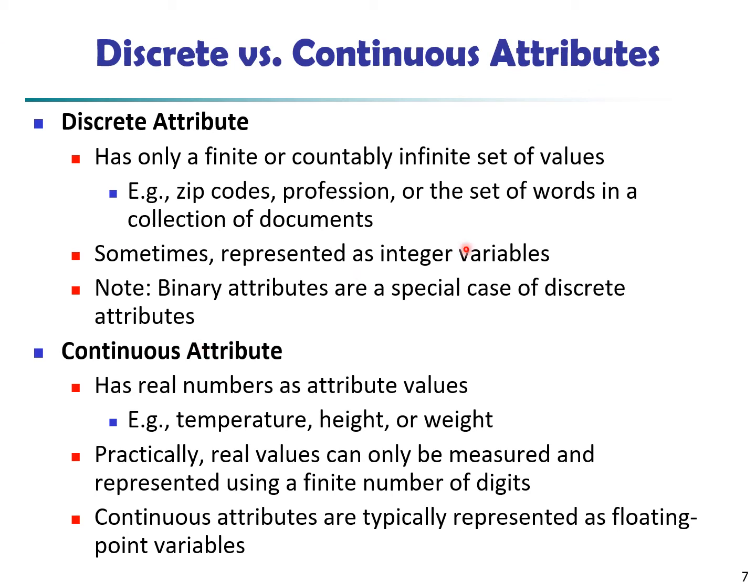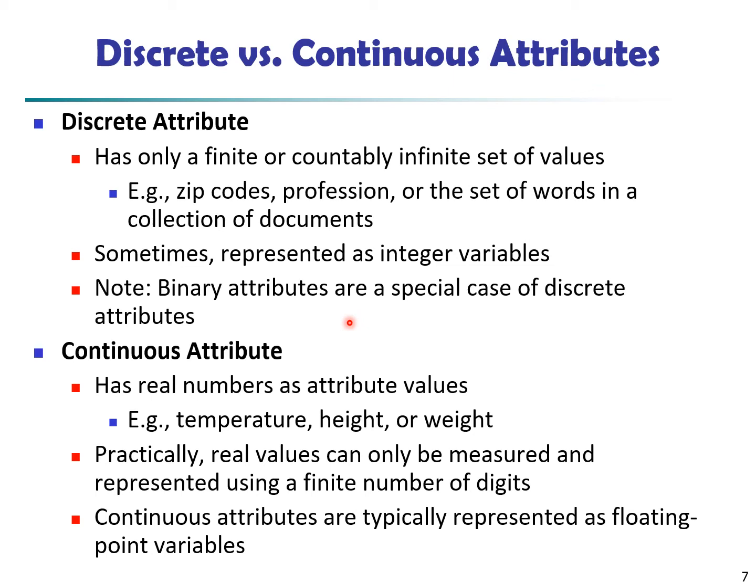Now, if you think about the binary attributes that we just discussed earlier, when we have only two possible values, this is considered to be an example of, or a special case of, a discrete attribute. Continuous attributes, on the other hand, you can think about them just like the real numbers. So the numbers between 0 and 1 are infinite.